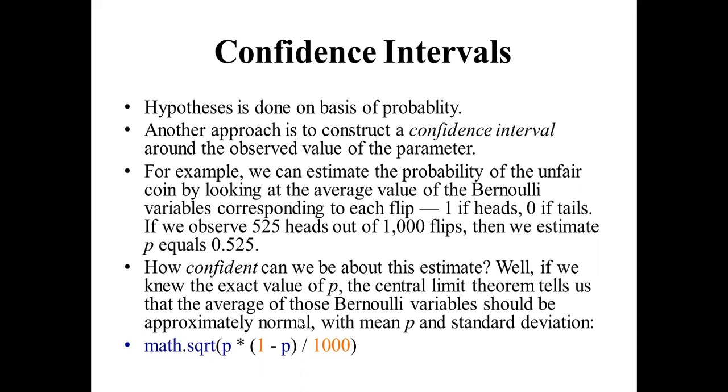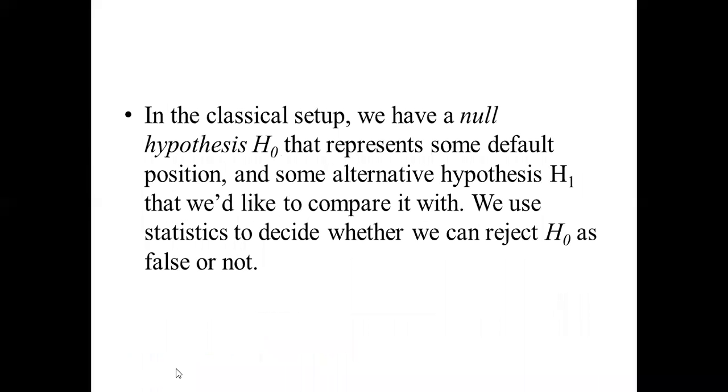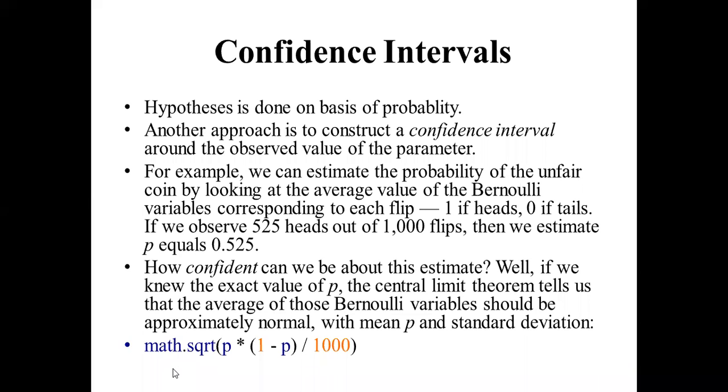If we knew the exact value of P, the central limit theorem tells us that the average of those Bernoulli variables should be approximately normal with mean P and a standard deviation. Whatever guess we make, we are always talking in terms of some mathematical relation.